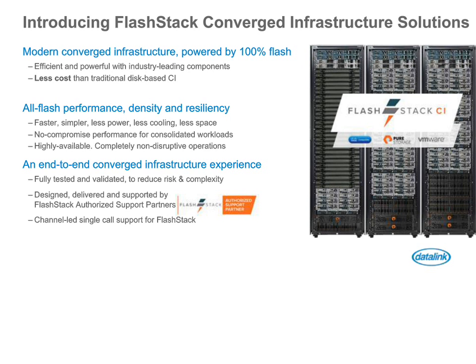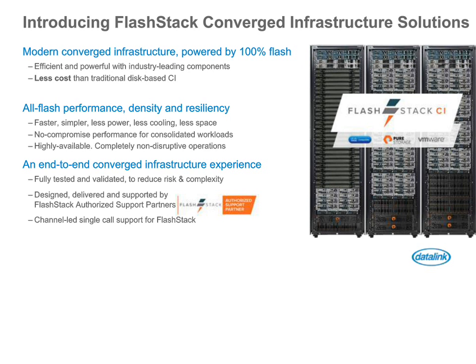What makes a converged infrastructure really valuable is the support piece. If you have to call 3 different vendors for getting support on your IT infrastructure, that just increases the complexity for your IT admin. And we are looking to resolve that with the FlashStack offering. FlashStack is being supported by our authorized support partners, and Datalink is one of them.